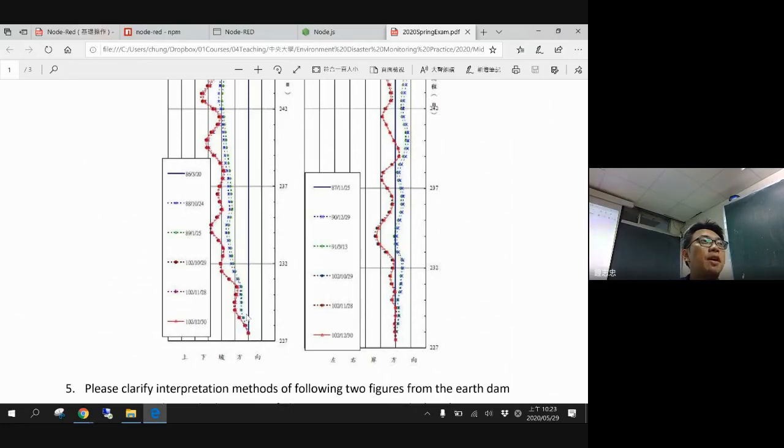One reason may be that it is not grouted very well between the inclinometer pipe and the borehole. The other is that because this is an earth dam, when we have settlement of the earth dam, the ABS pipe will take an S shape because of the compression behavior. Okay, so if you have already mentioned some of this, you can get the score.